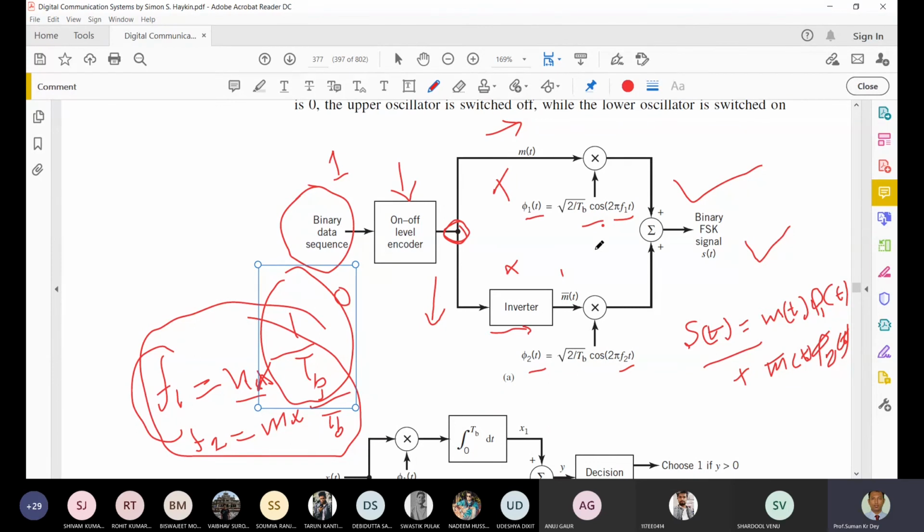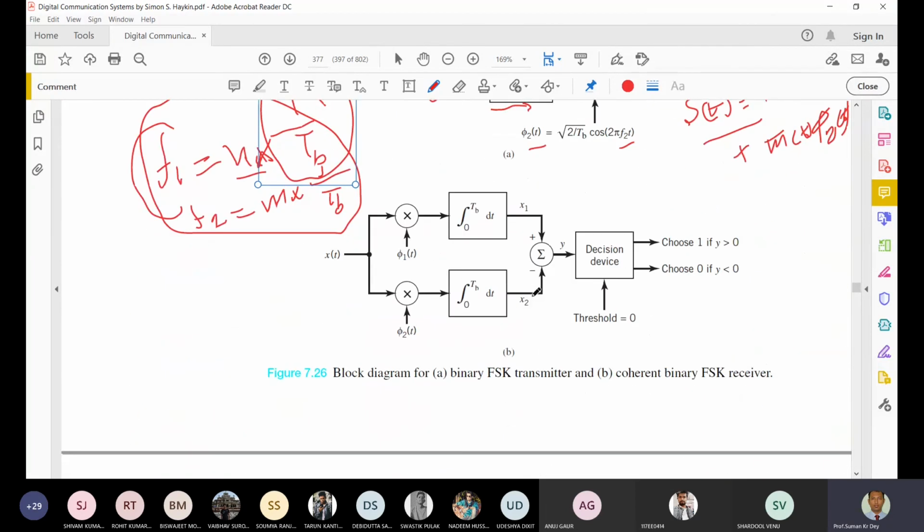The answer is that if we use the voltage controlled oscillator, we can achieve phase continuity without synchronizing the generation of F1 and F2. Okay. Now this is the receiver. So in the receiver, what is there? There are two.